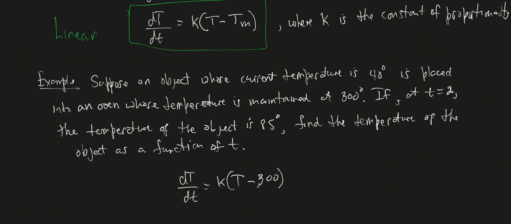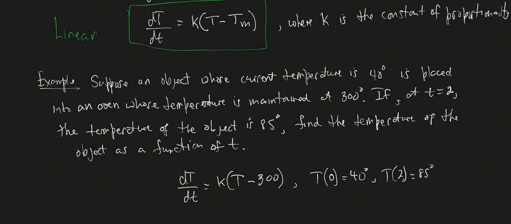Next up, there was some other information given. It says that the object has a current temperature of 40 degrees. So that would be like the initial temperature, the temperature of the object the moment that it's placed into this oven. So that means the temperature at t equals 0 is 40 degrees. And then 2 minutes later, or if you just want to say 2 units of time later, the temperature of the object is 85 degrees.